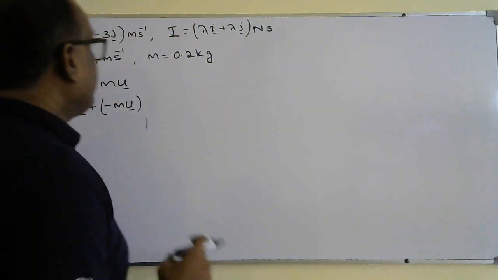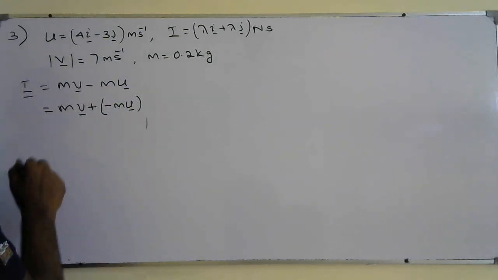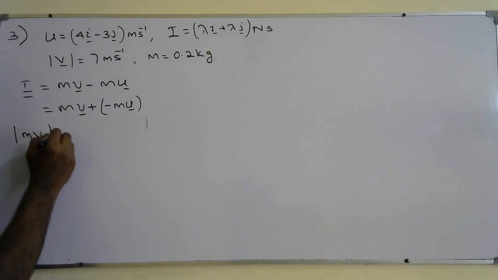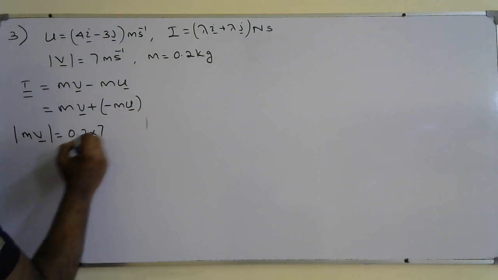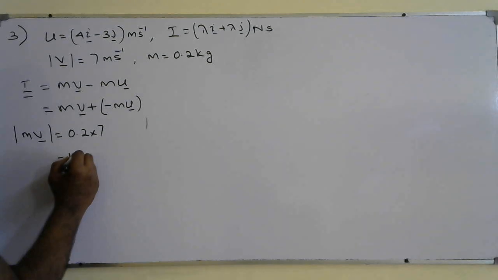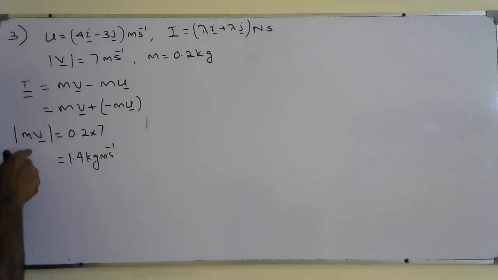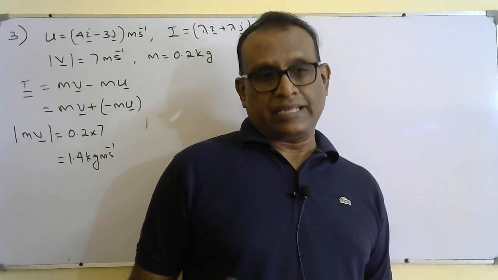Okay, so for mv, we know the velocity magnitude but we don't know the direction of mv. The mass is 0.2, so 0.2 into 7, that is 1.4 kilogram meter per second, the magnitude of mv, but we don't know the direction of vector mv.